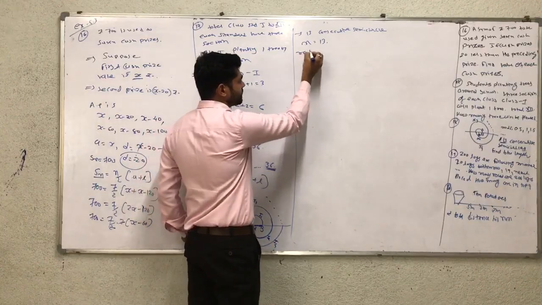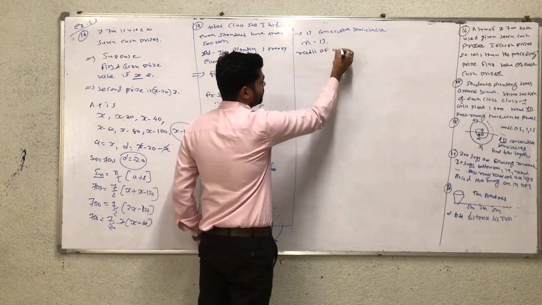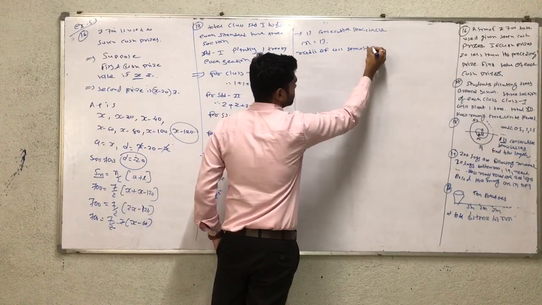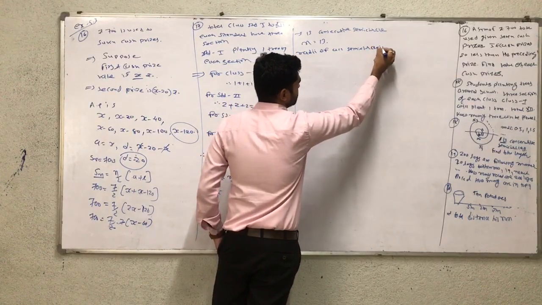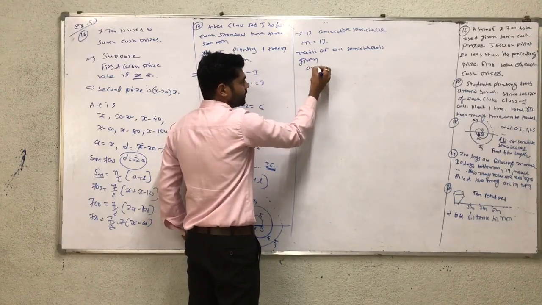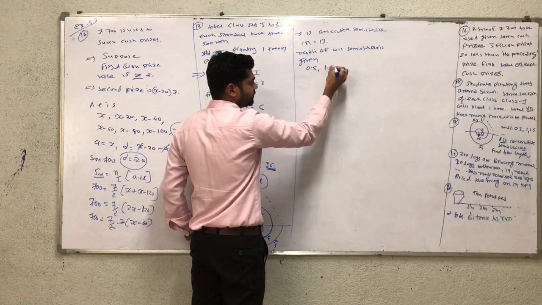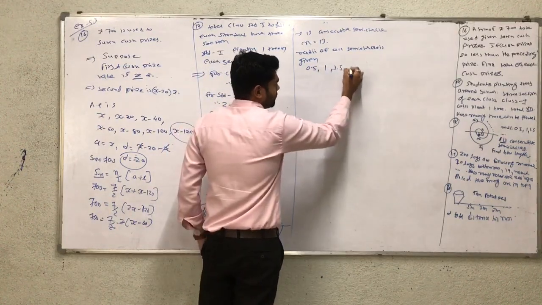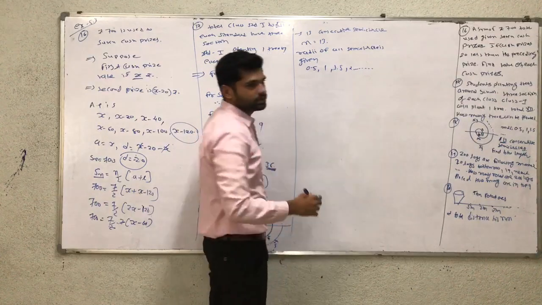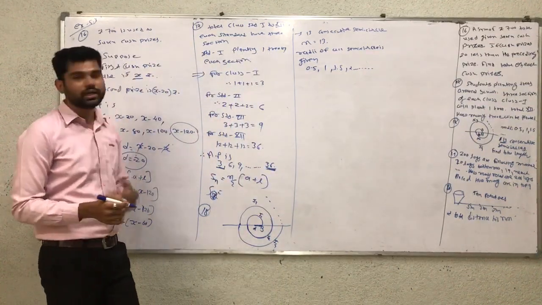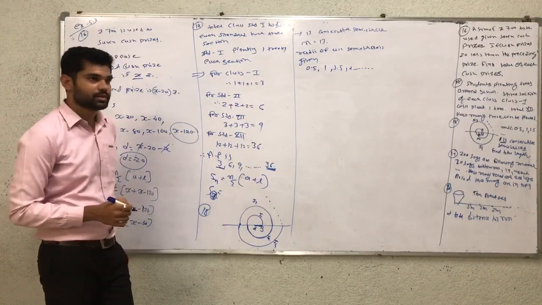So the radii of all the semicircles are given: 0.5, for the second 1, next 1.5, up to 13 semicircles. Now find the total length of the semicircles.